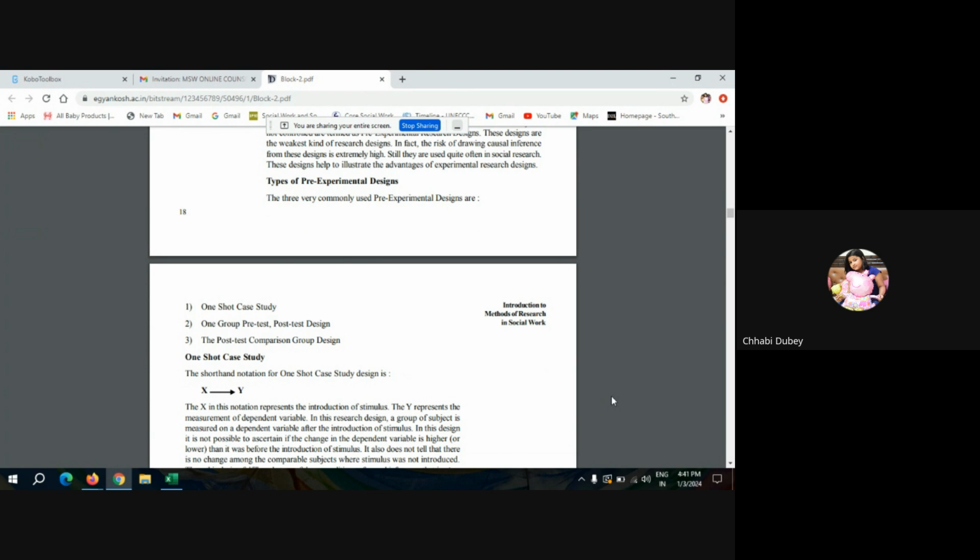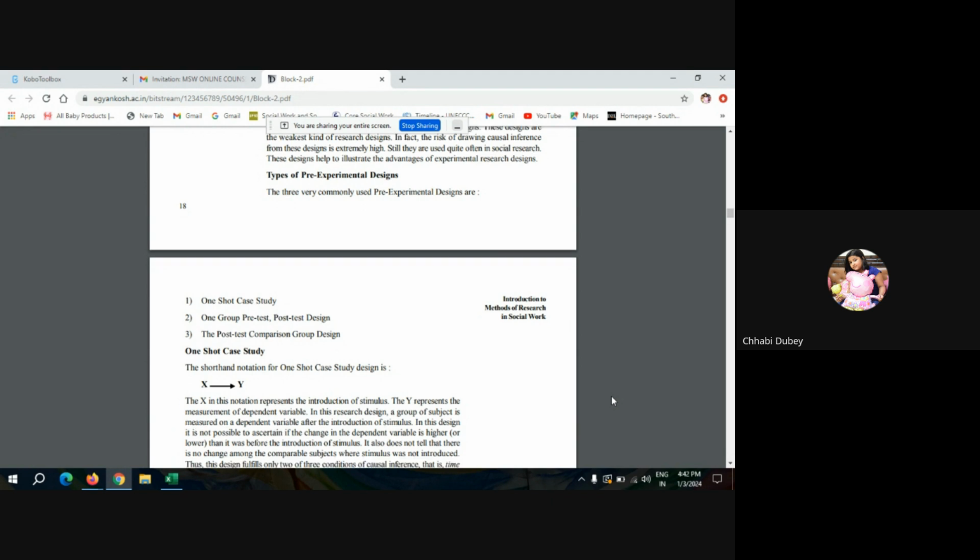Now the first design, the one-shot case study, is given by the notation X leading to Y. The X in this notation represents the introduction of the stimulus, and the Y represents the measurement of the dependent variable. So you will simply introduce the stimulus and measure.